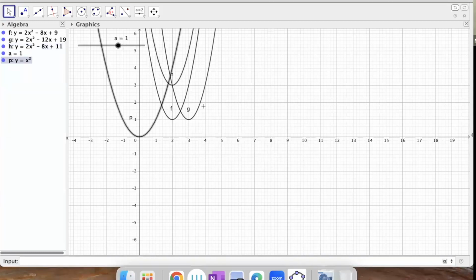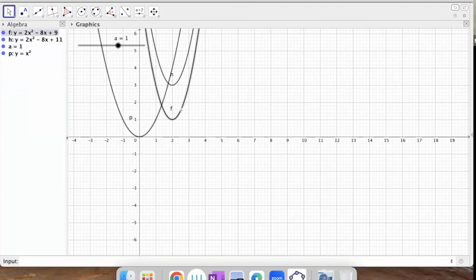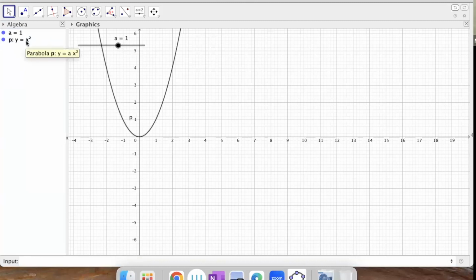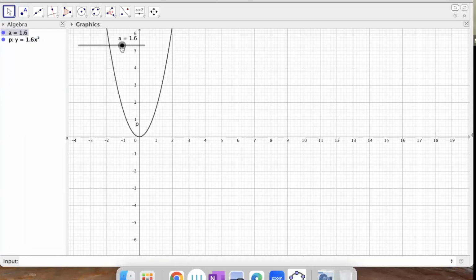Slider. Okay, let me remove the previous graphs. When we have the equation y equals x square, that means a is 1. If I increase the value of a, see what happens.